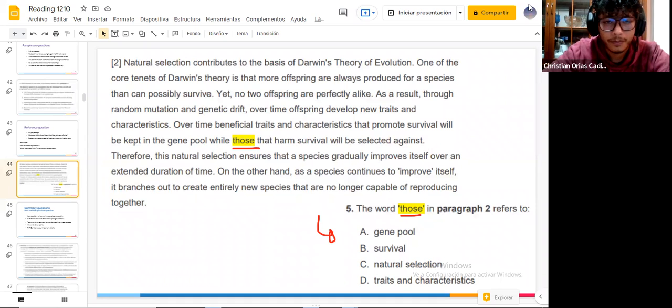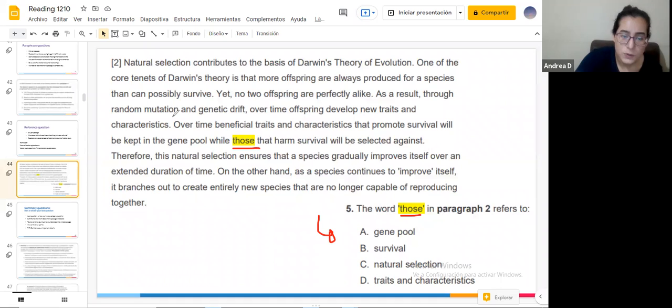Okay, thanks. So now we'll read the sentence where it is. I'll read it. It is, over time, beneficial traits and characteristics that promote survival will be kept in the gene pool, while those that harm survival will be selected against. So what do you guys think? What does those refer to?